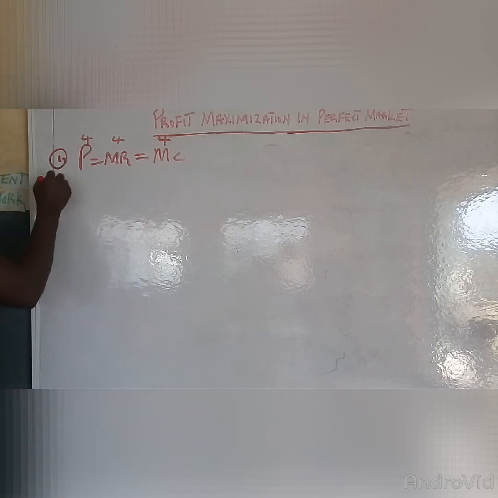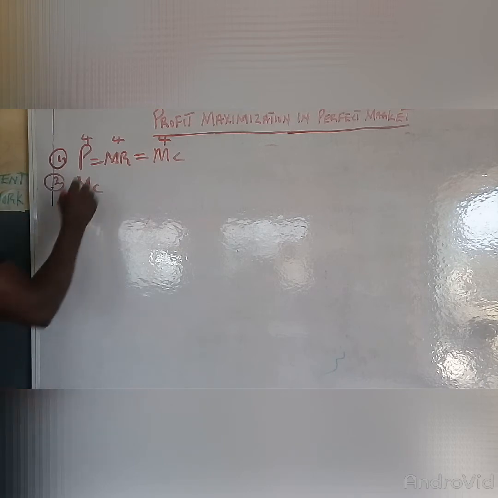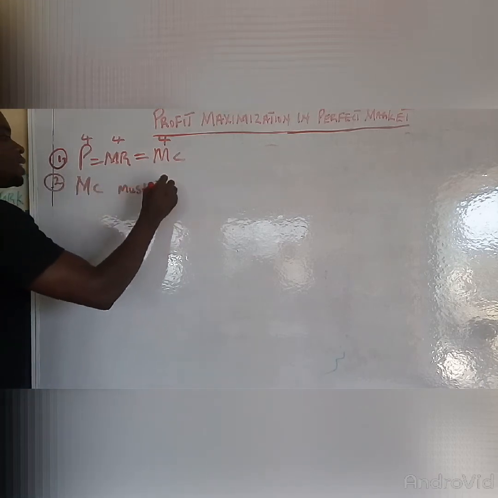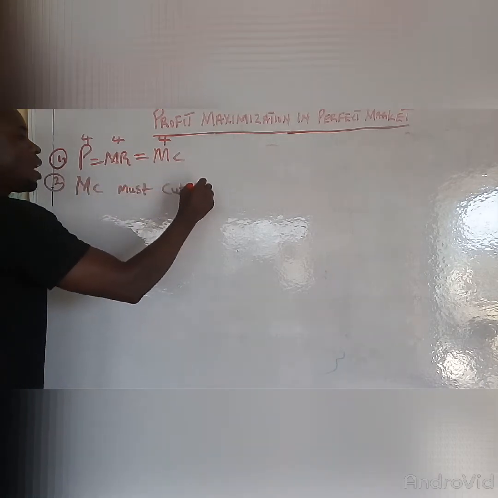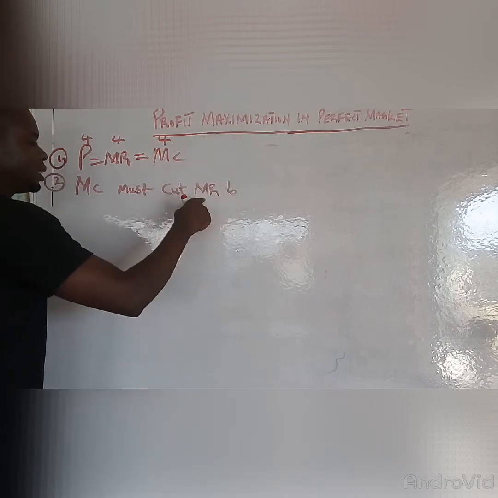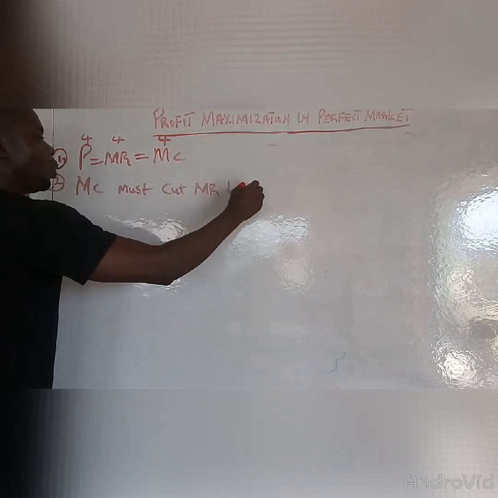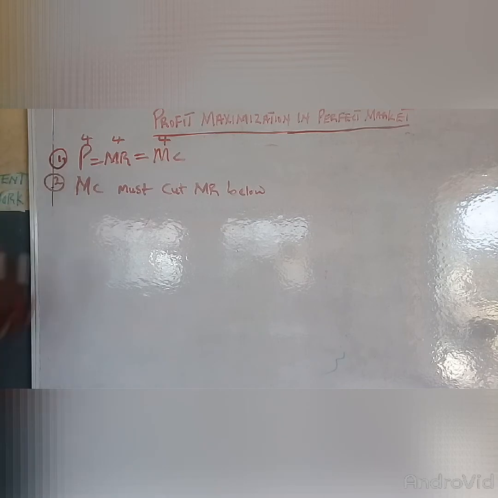Then the second condition is that MC, which is marginal cost, must cut MR below, that is, must cut marginal revenue below. So let's show that graphically.